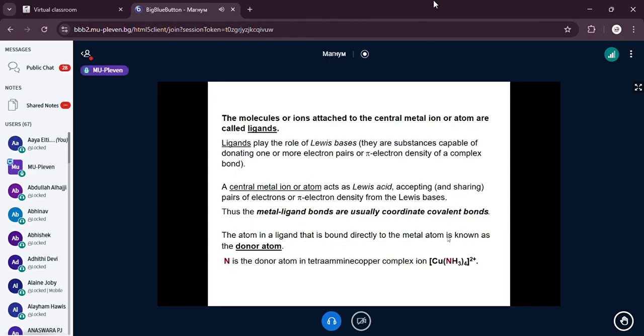Around the central metal ion or central atom are placed ligands, I'm not sure about the pronunciation. Ligands are regarded as Lewis bases. What was the definition of a Lewis base? Donor of an electron pair.